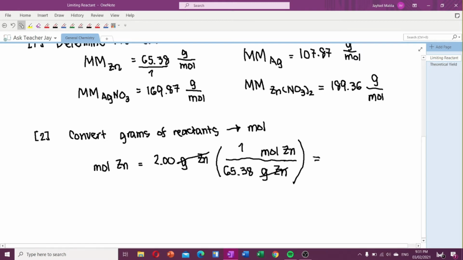Okay, my answer for this one is 0.0306 moles of zinc. Take note that we have 3 significant figures in 2.00, so you should also report your answer in 3 significant figures.